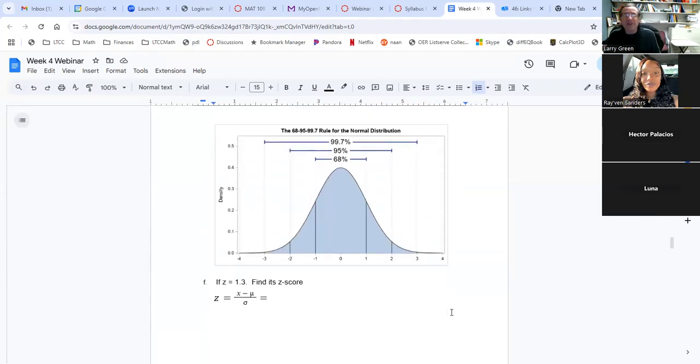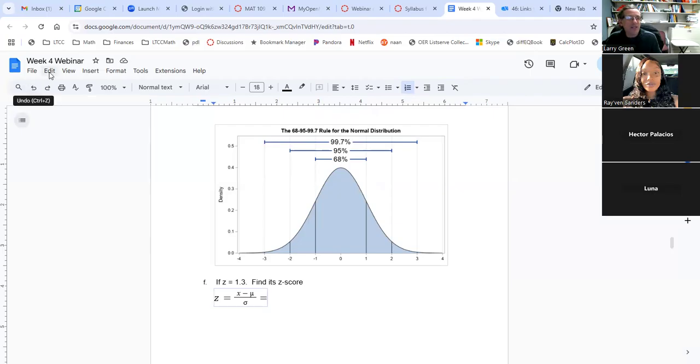Okay, let's suppose that x is equal to 1.3. Let's find the z-score for this value. And remember, the z-score by definition was x minus mu over sigma.